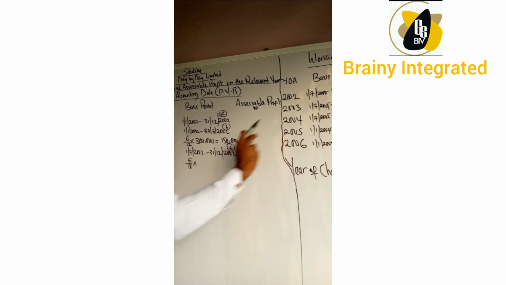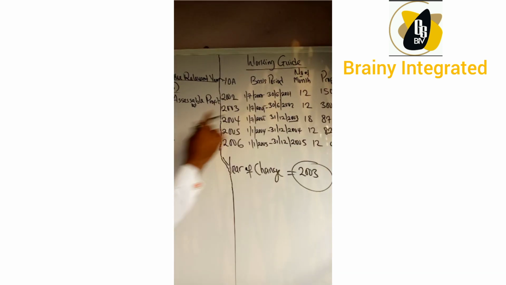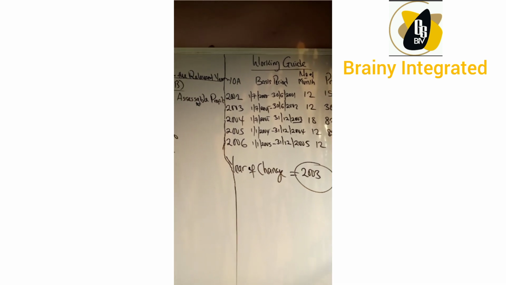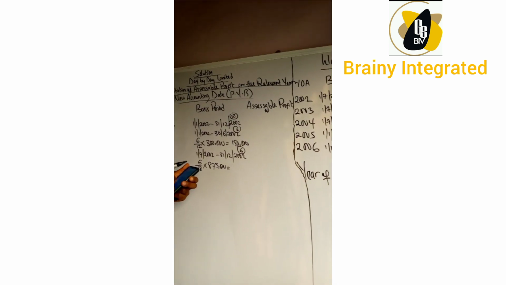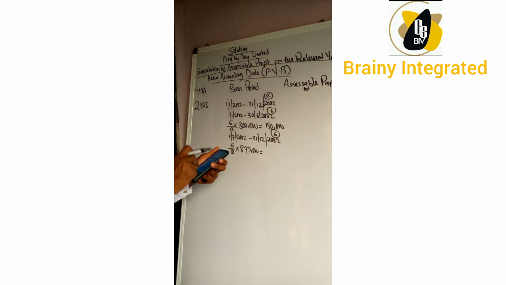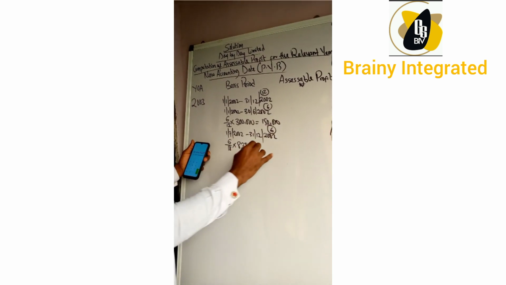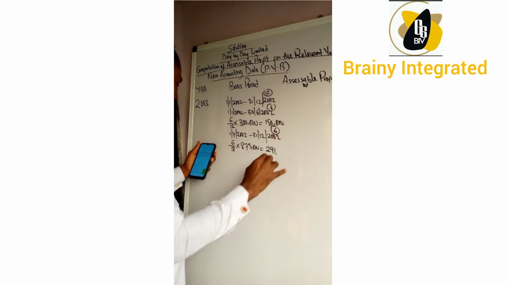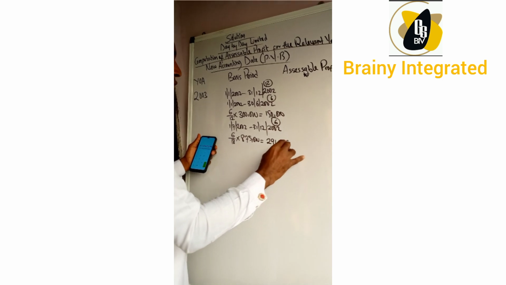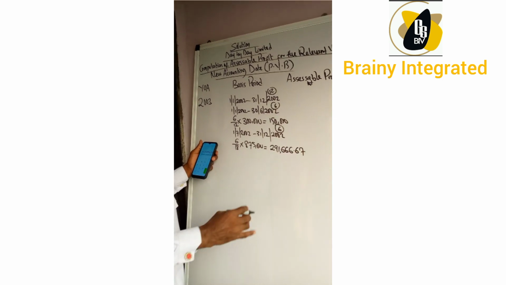So we are going to say 6/18 times the adjusted profit here, 875,000. That will give us 6 divided by 18 times 875,000, that's 291,666.67.